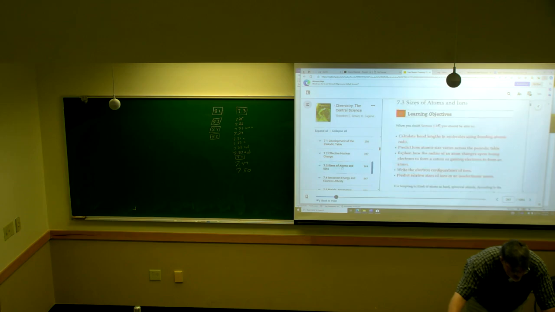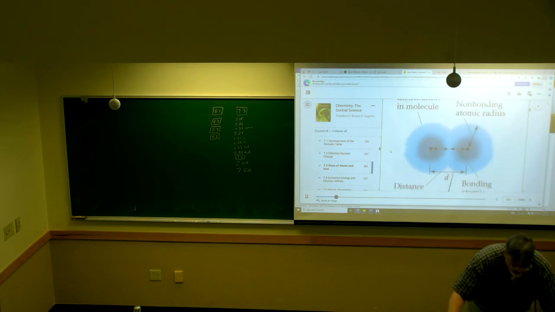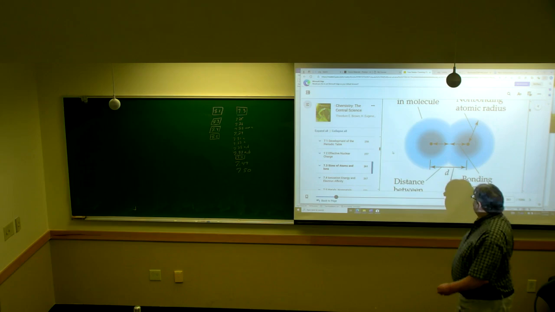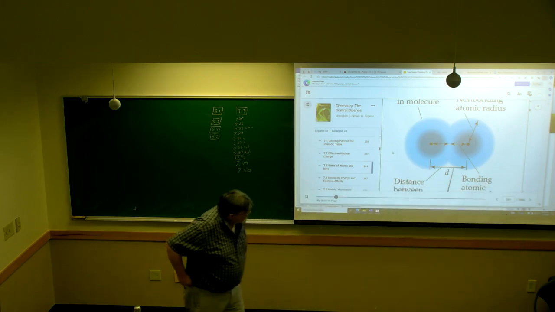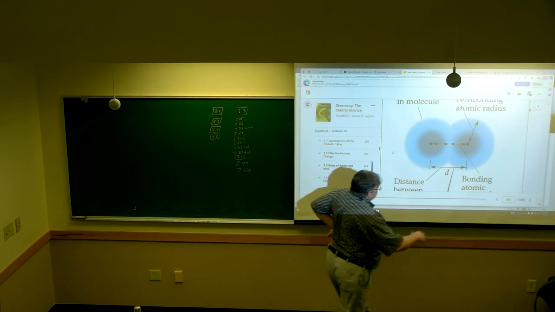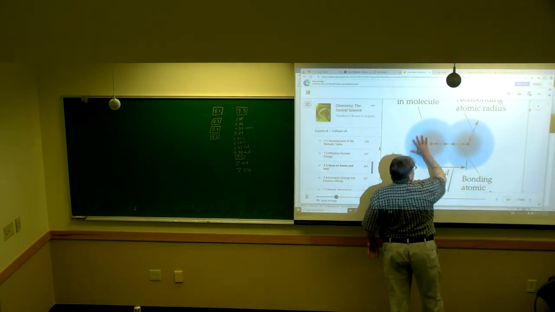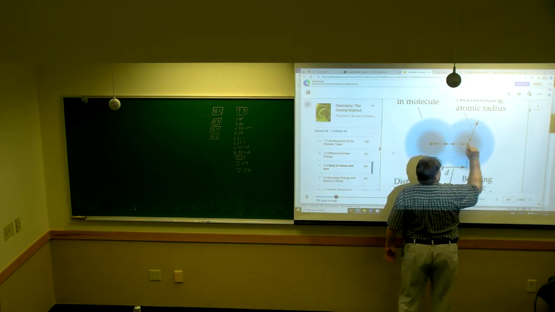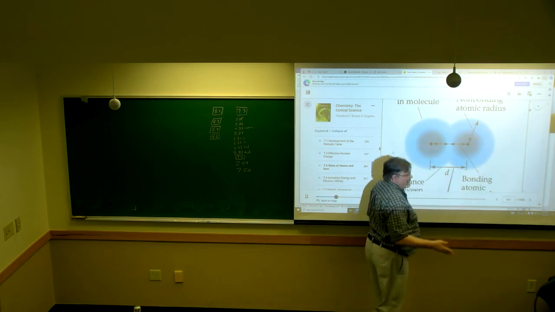So sizes of atoms are really comparative sizes of atoms. Something we haven't really talked about. You can think of this as, if you have this atom, you can think of it as just a sphere if you ignore this other atom. So the distance to the very outer edge, you can think of that as the atomic radius.